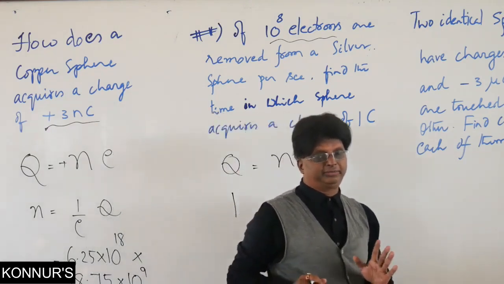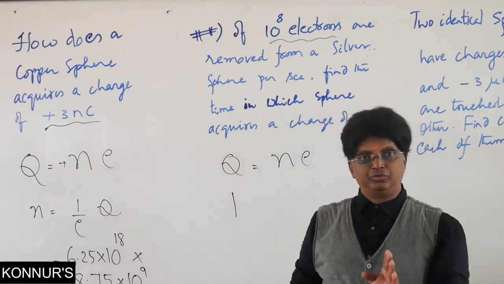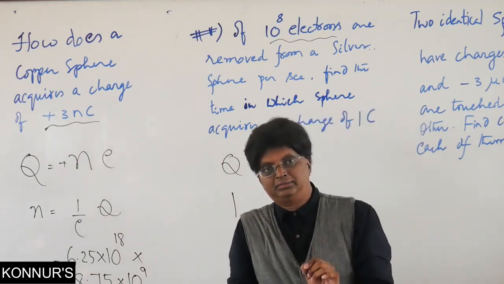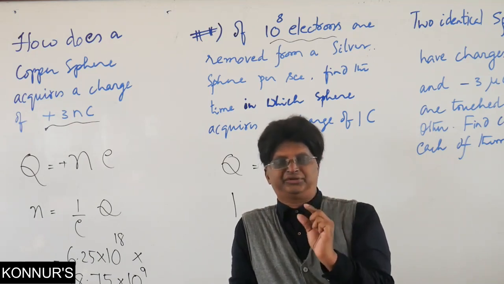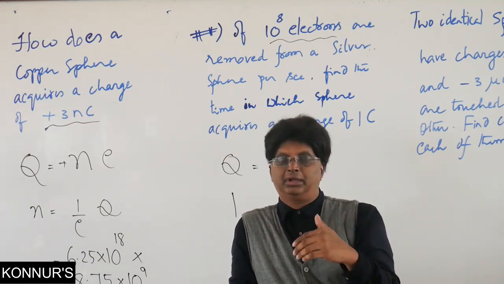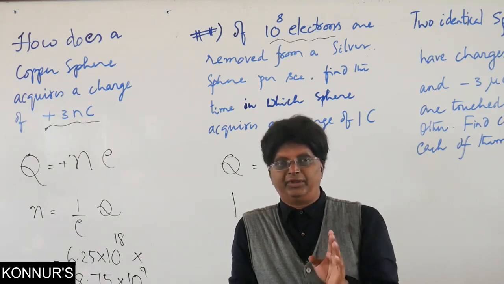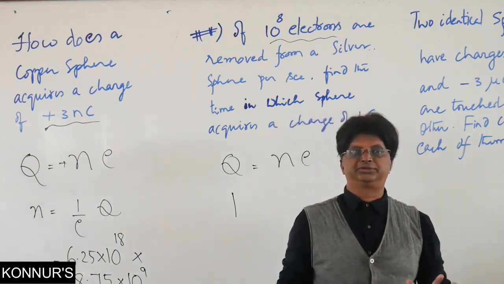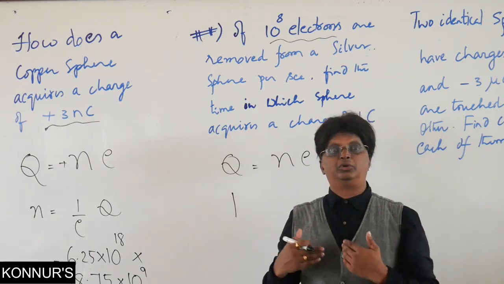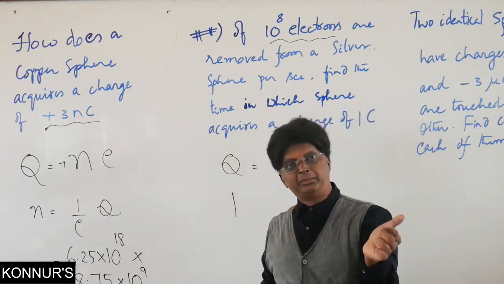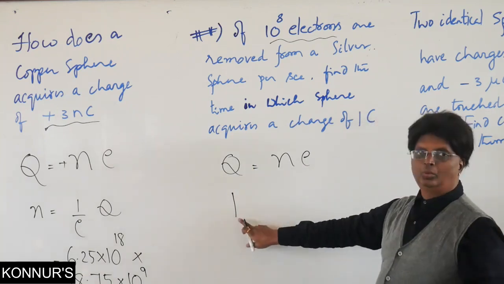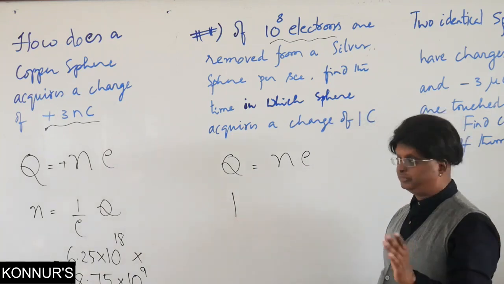When there is data to be converted into symbols in a formula whose concept is known to us, that is the smartness of the student. That is where we have to improve our quality, converting data into symbols. Q is 1 coulomb, use all SI units.